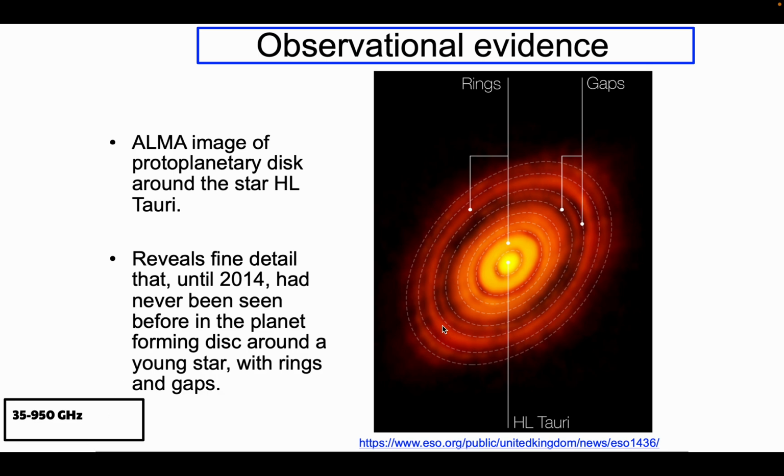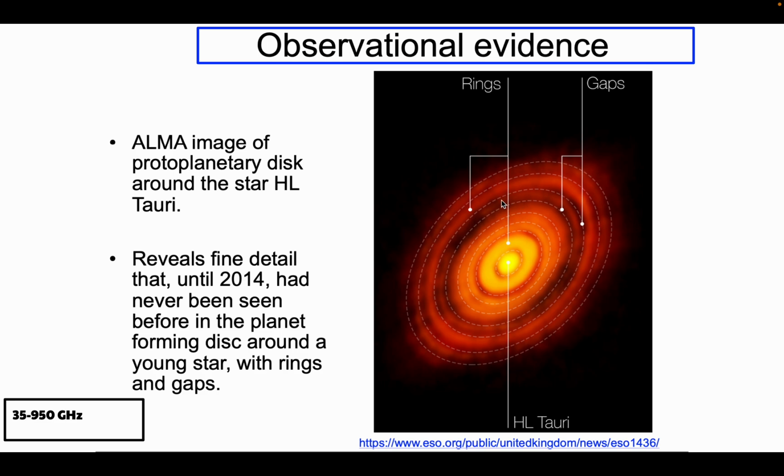This image was made in 2014 by ALMA observation of a very young star, HL Tauri. You can see something is collapsing and forming rings and gaps.